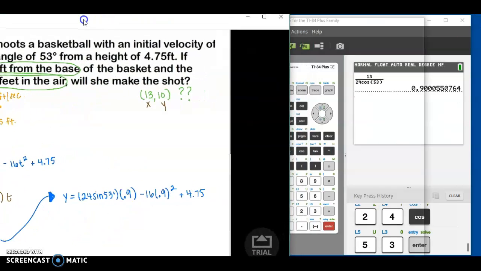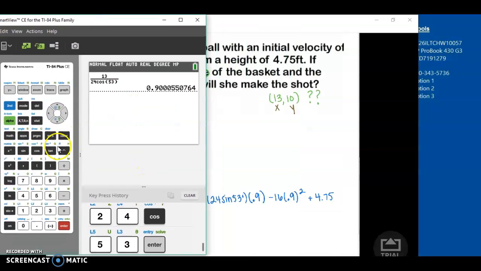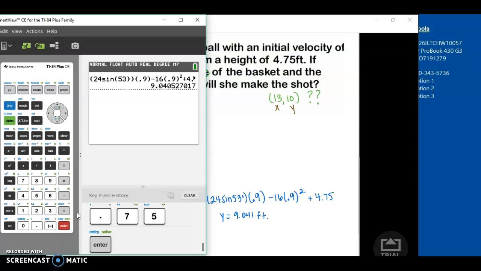So if we type this in the calculator here, I'm going to do my parentheses like this, 24 sine of 53, close the parentheses, and times 0.9, minus 16 times 0.9 squared, and then plus 4.75. So this is going to give us 9.041 feet.